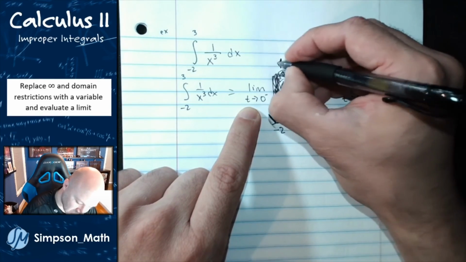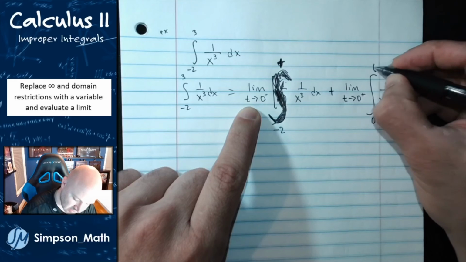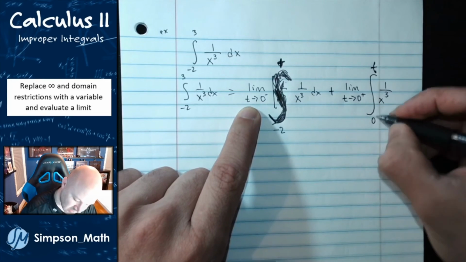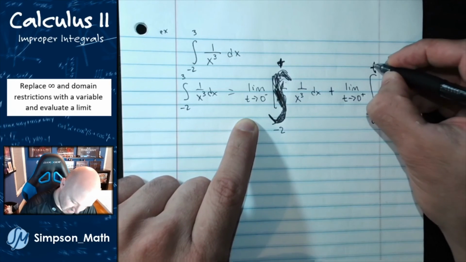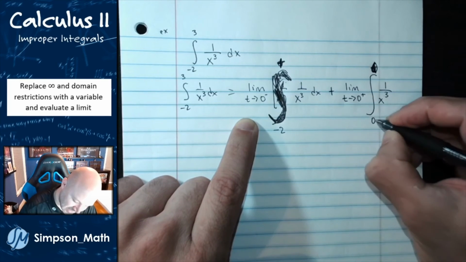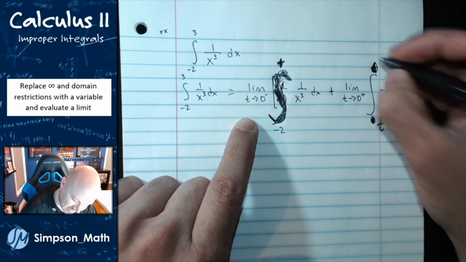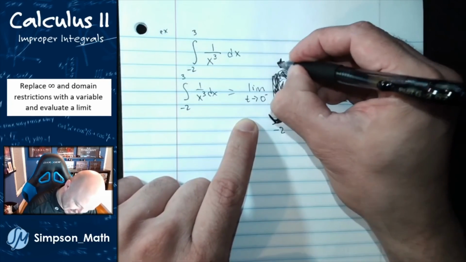These are t's. No, oh my gosh. I'm about to scratch this all over and start all over, but no, I can do this. This is a t. Dang it. And this is a 3. Dang it. This is a t.